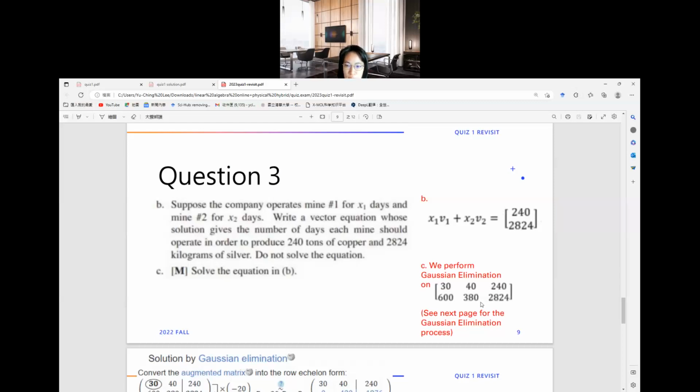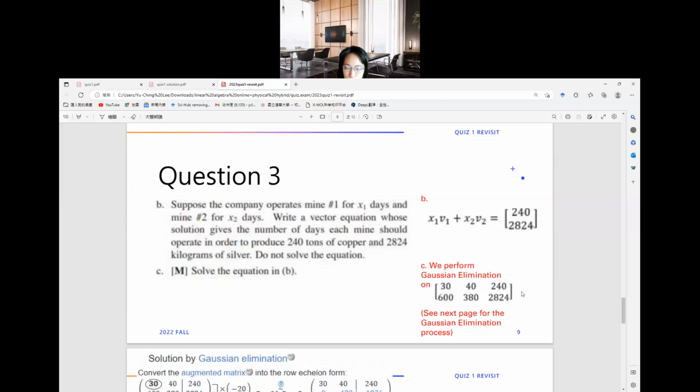We put the coefficients on the left-hand side, which is V1 and V2, and then put the right-hand side also in the matrix. So the first two columns are from the left-hand side, but the third column is from the right-hand side.